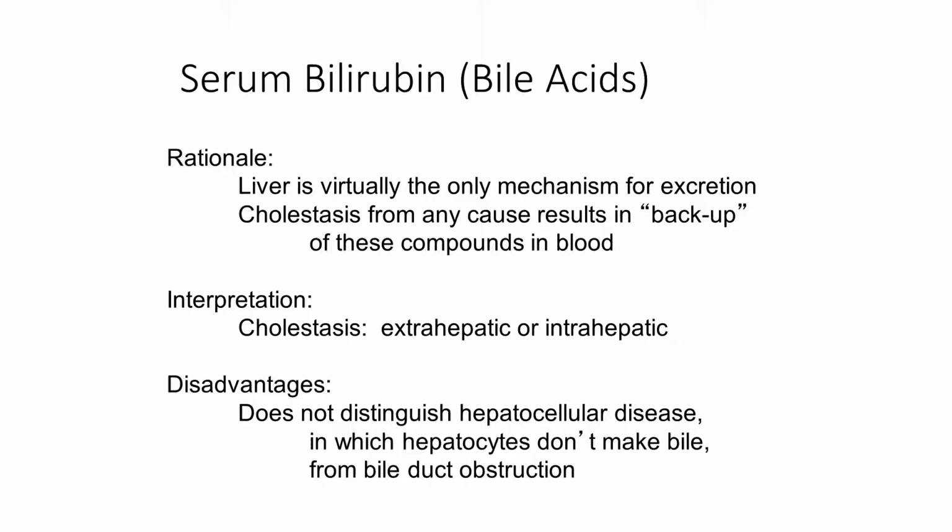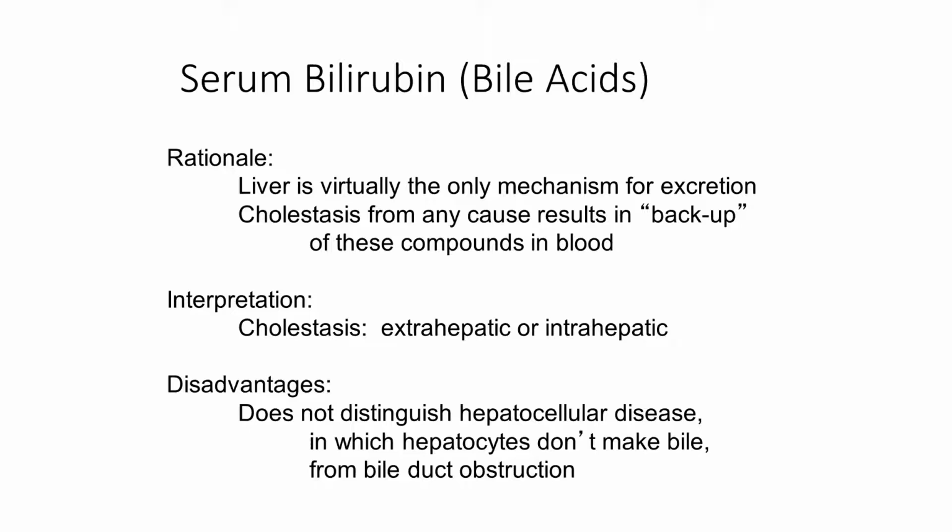So the liver is virtually the only mechanism for your bilirubin to be excreted from the body. No? So the only way the body can eliminate bilirubin is via the liver. So cholestasis from any cause will result in the backup or accumulation of these compounds in the blood.